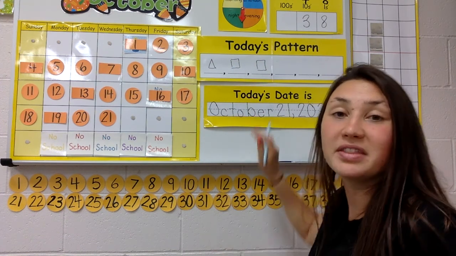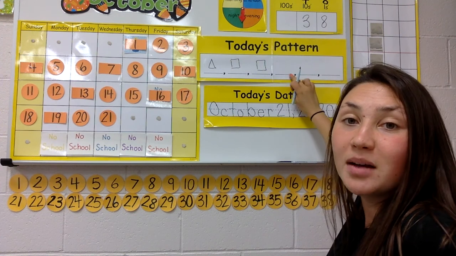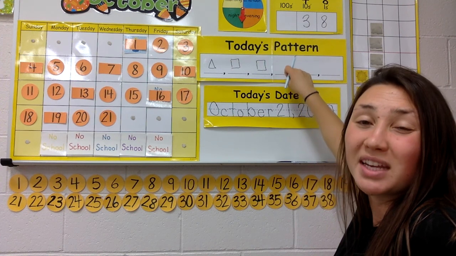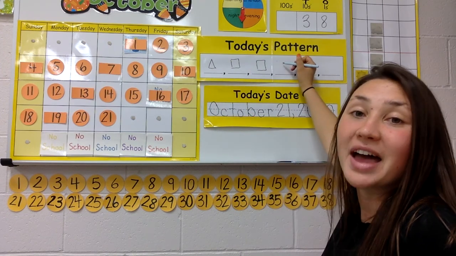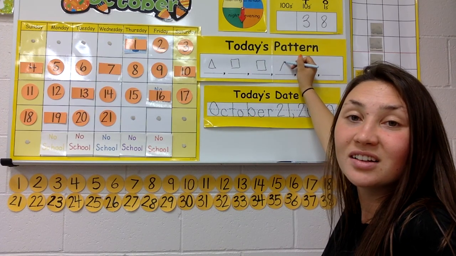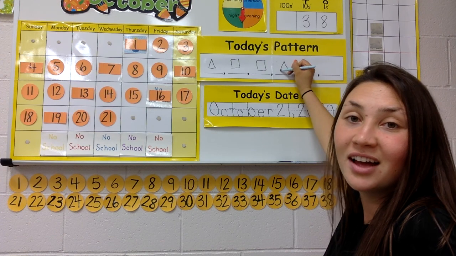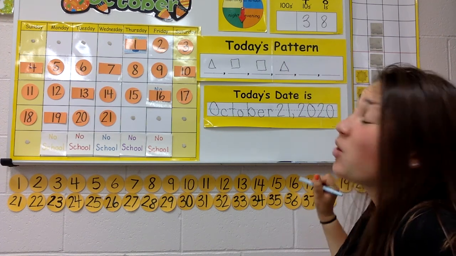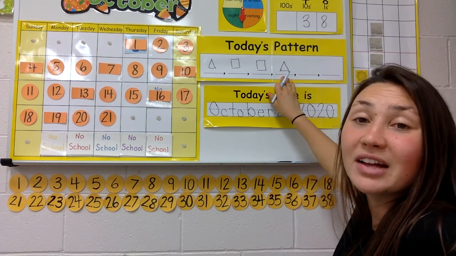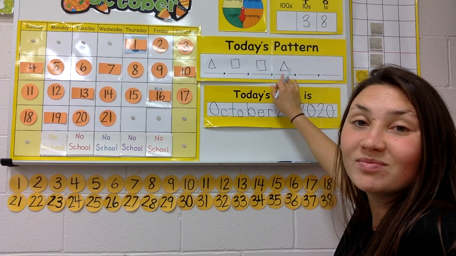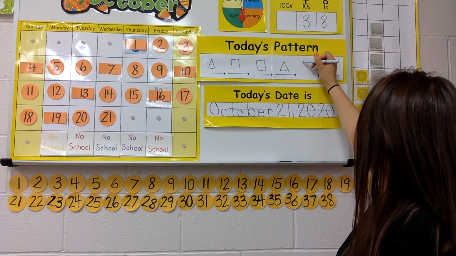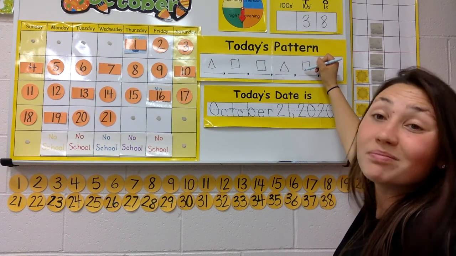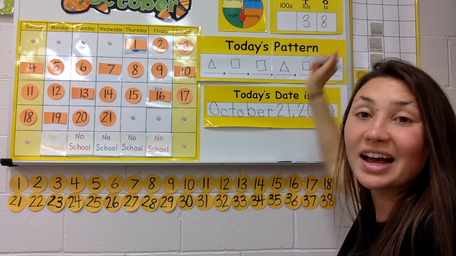So if this repeats, what comes next? What's at the beginning of this pattern? A triangle, right? So that comes next. So triangle. And then what comes after the triangle in our pattern? A square, right? Making a square, 4 equal sides.